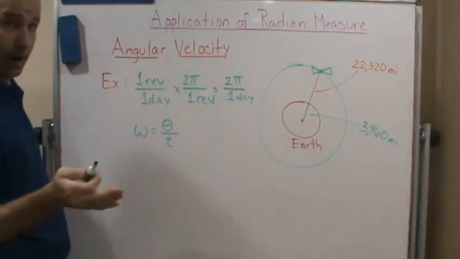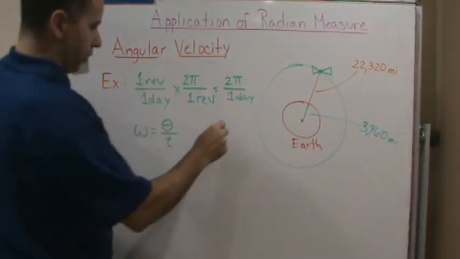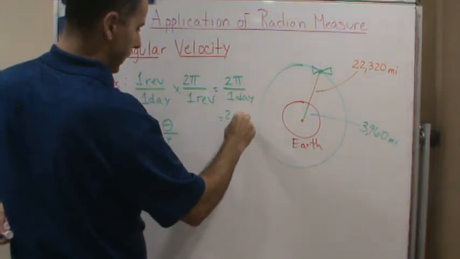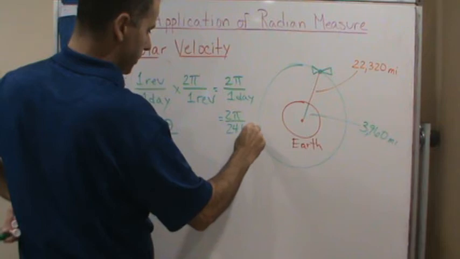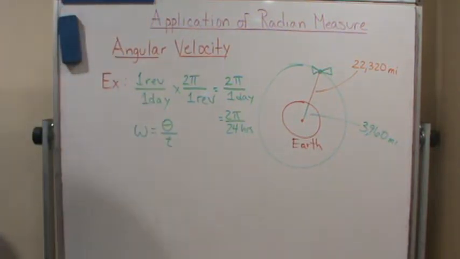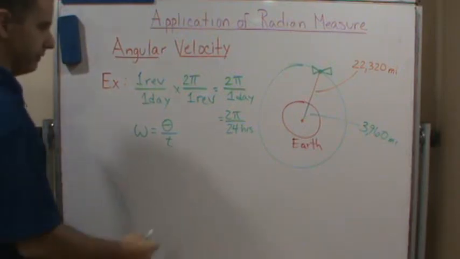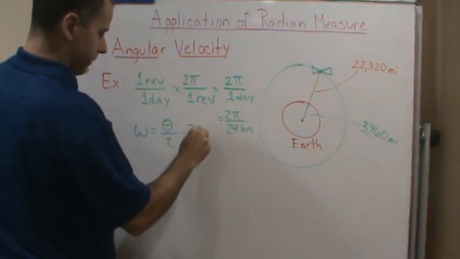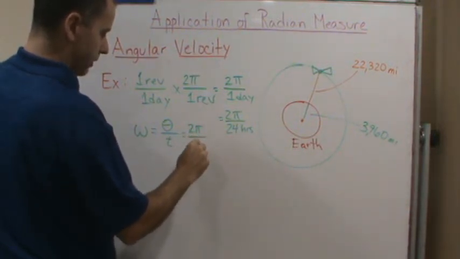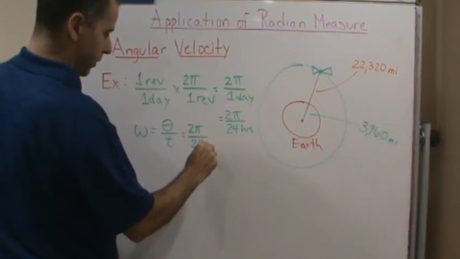But a day is 24 hours, right? So this is going to be 2 pi radians per 24 hours. So this is the angular velocity: 2 pi radians every 24 hours.